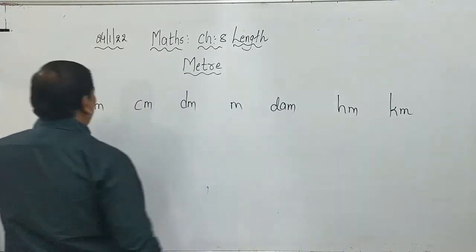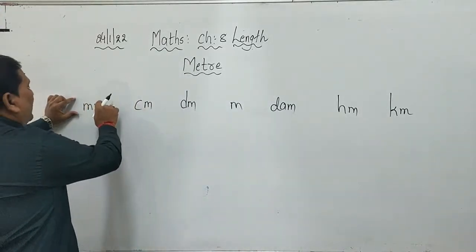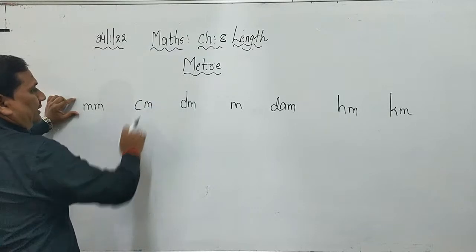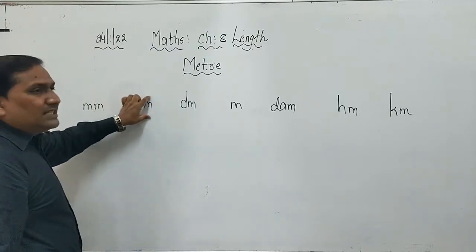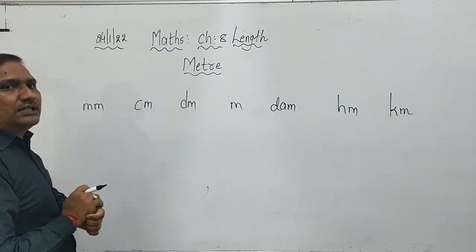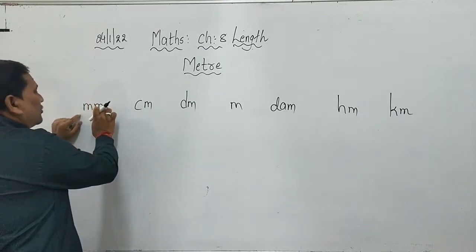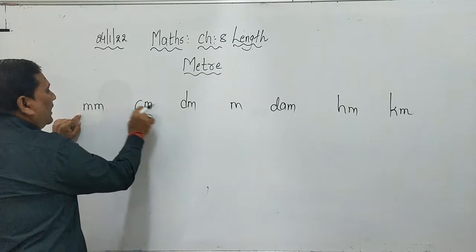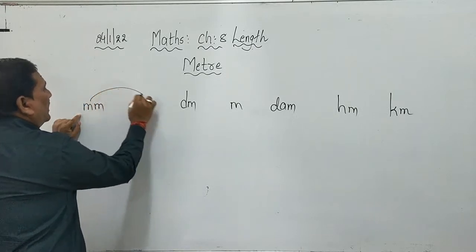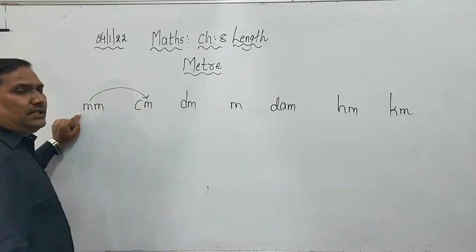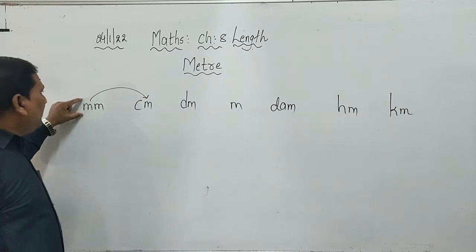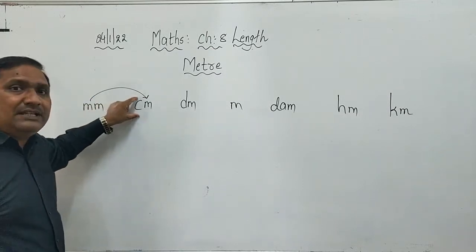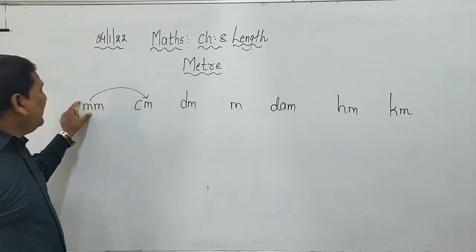So now students, millimeter to centimeter, मिलीमीटर से मुझे सेंटीमीटर में कन्वर्ट करना है, तो मिलीमीटर स्मॉलर है और सेंटीमीटर बिगर है। So from smaller to bigger, suppose I am going to convert millimeter to centimeter. Millimeter is smaller unit, centimeter is bigger unit than millimeter.